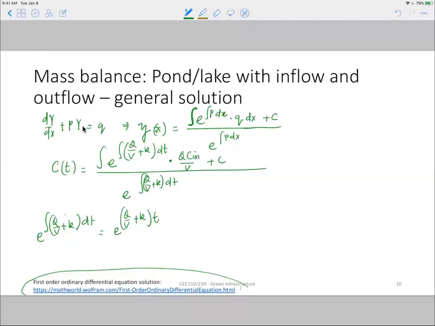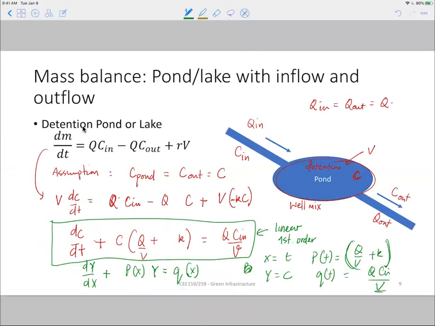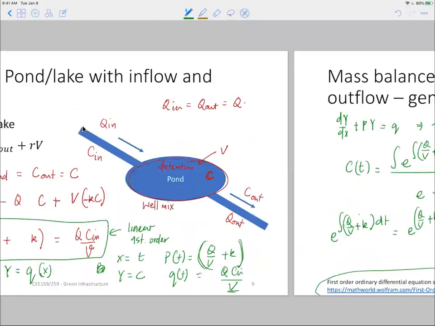If you plug that number over there, the bottom would be e to the power Q over V plus k t. Yeah, that's correct.